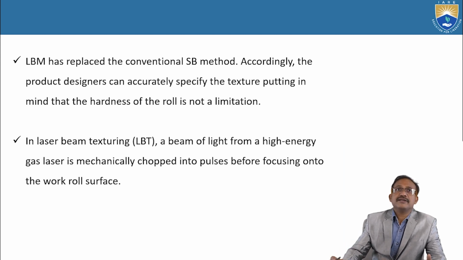Laser beam machining has replaced the conventional method. Accordingly, the product designers can accurately specify the texture, keeping in mind that the hardness of the roll is not a limitation. In laser beam texturing, a beam of light from a high energy gas laser is mechanically chopped into pulses before focusing onto the work roll surface.